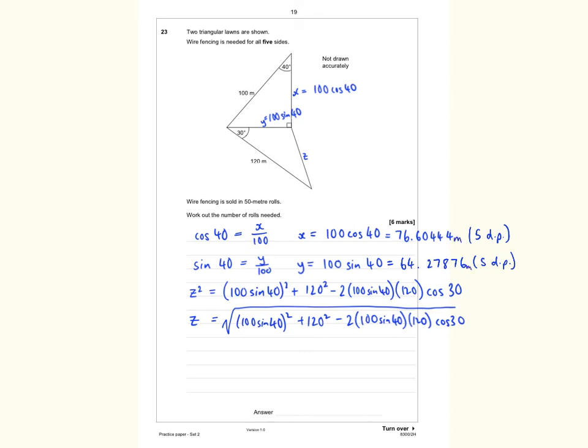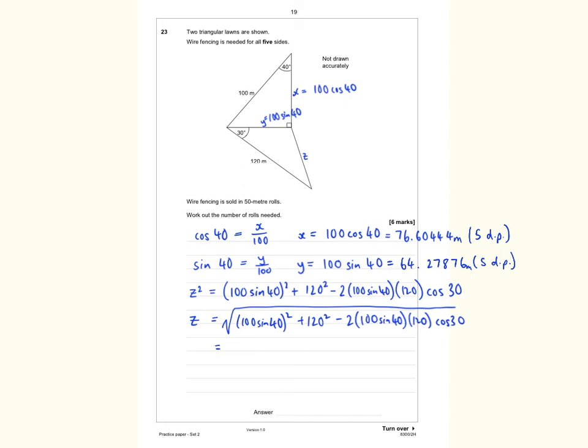Now I'm going to put all of this into my calculator to get the value for z. Okay, so I'm going to start with the square root, and then I have 100 sine 40, and I'm squaring that. Then I have add 120 squared, take away 2 times 100 sine 40, times that by 120, and times that by cos 30.